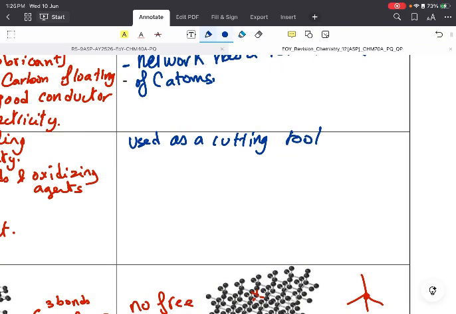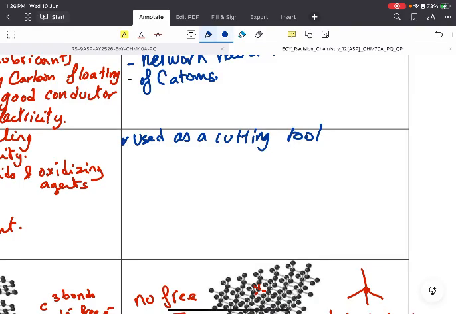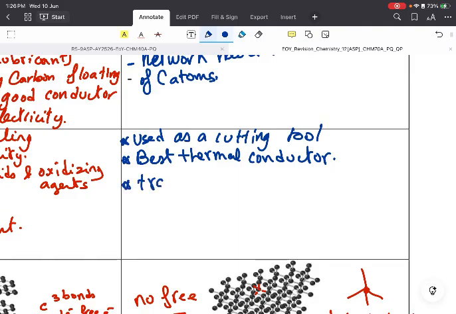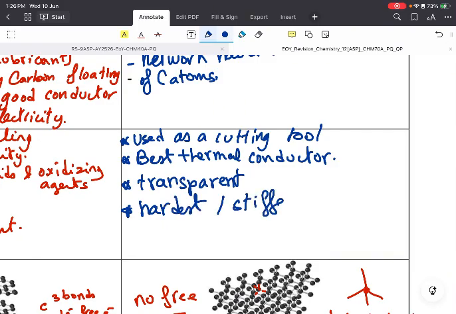Other properties, it's the best thermal conductor. It's used as a cutting tool. It's transparent. Just imagine the diamond and start describing it. It is transparent and it's very hard. It's the hardest and stiffest.